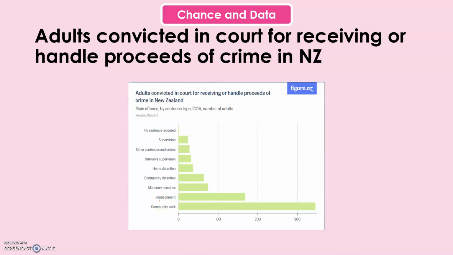There's a few other things there, like home detention and stuff like that. But you can see if I randomly chose a criminal who's been convicted for having the proceeds of stolen goods, they are more likely to get community work. However, the next most likely option is that they get imprisoned.